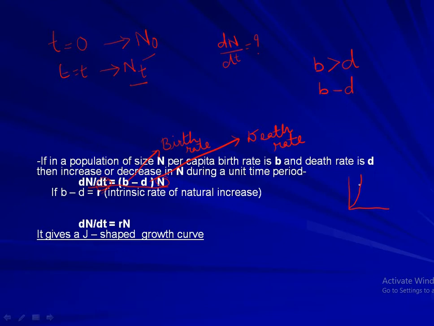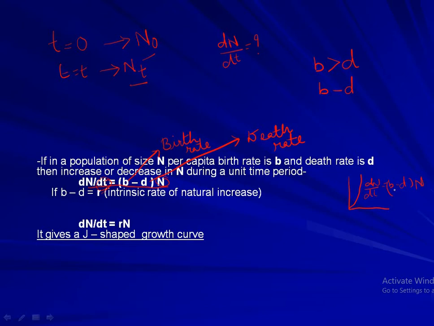The equation dN/dt = (B − D)N defines the exponential growth of the population, and the curve represents the same relationship.